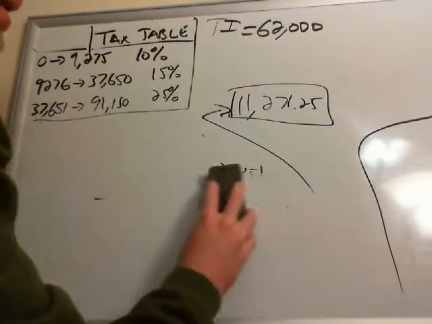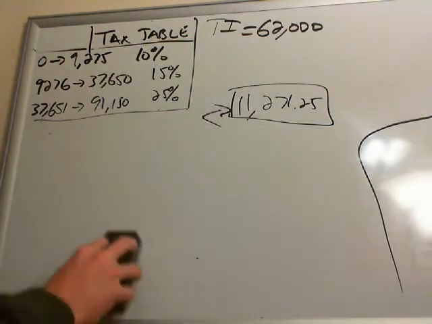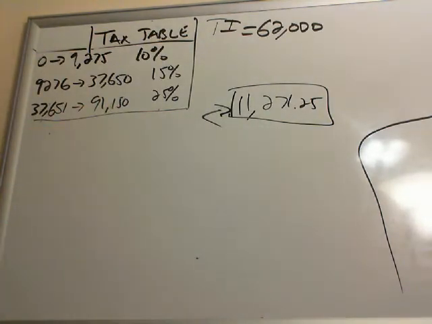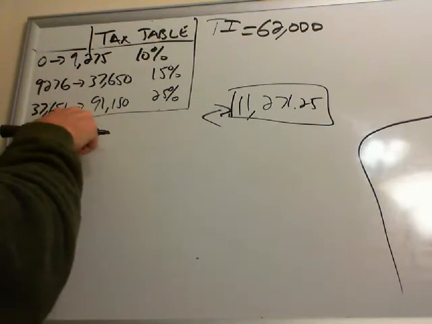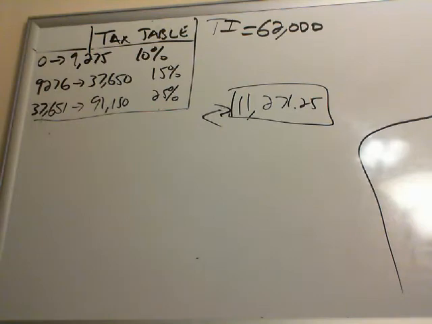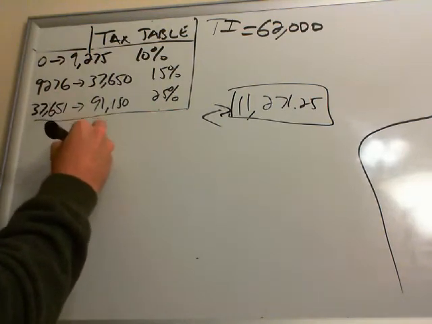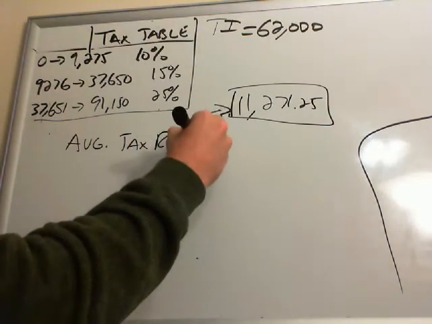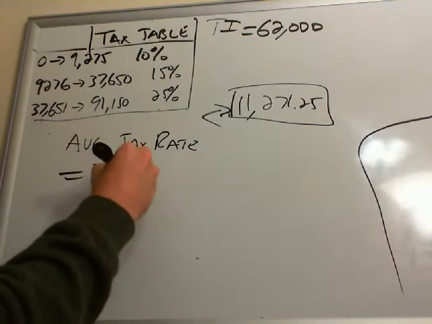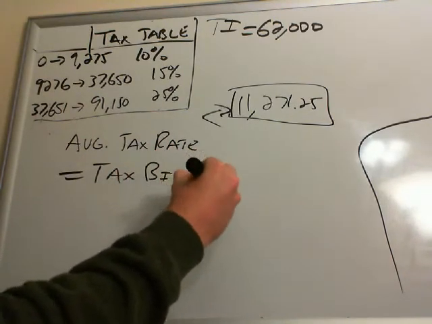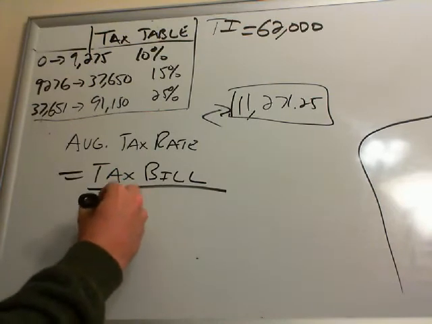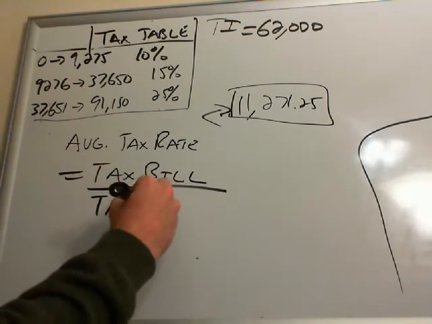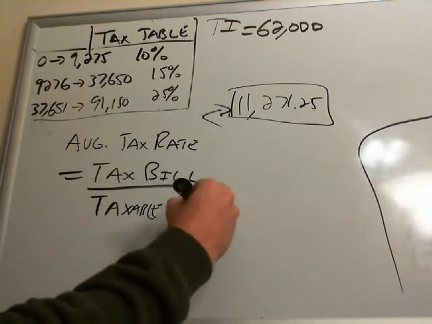A lot of people will read these tables incorrectly, as I've said before, and say, oh, I earned $62,000, so my $62,000 are taxed at a rate of 25%. And that's not right. And we'll show that by computing what's called the average tax rate, which is your tax bill divided by your taxable income.